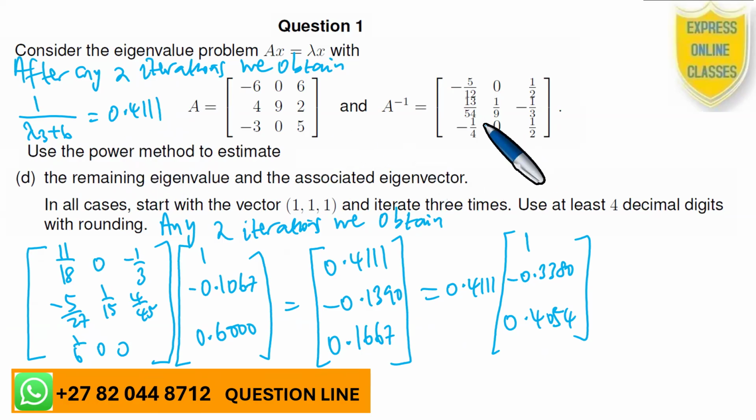But also you deal with the lambda 3. Okay, if this is the case, what then is the lambda 3? We take the inverse of this. If you take the inverse of this, which is 1 over 0.411 minus 6.